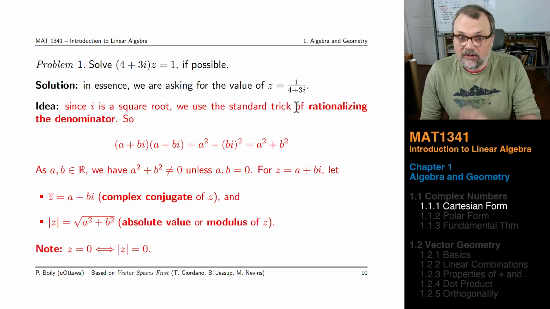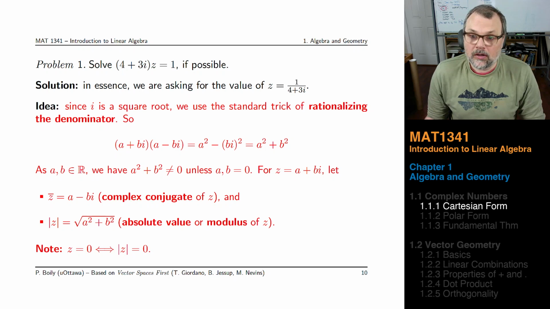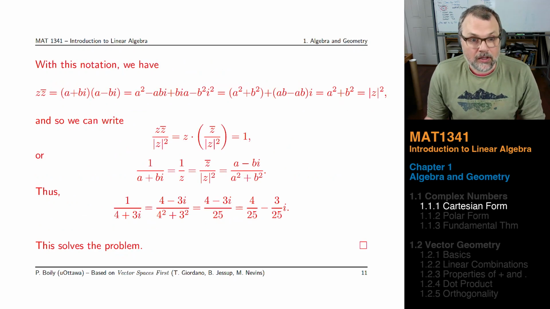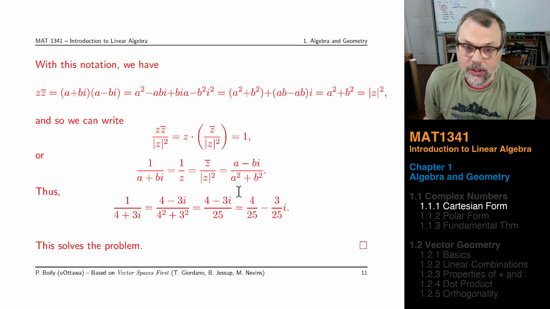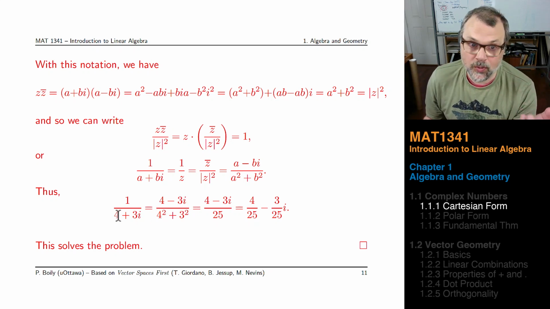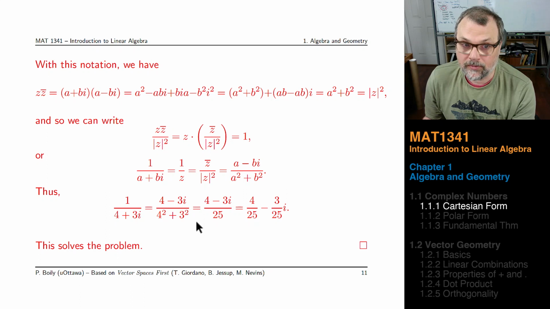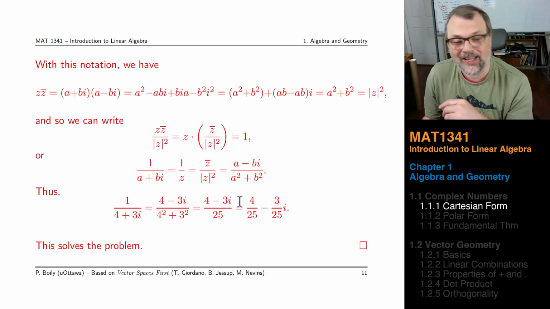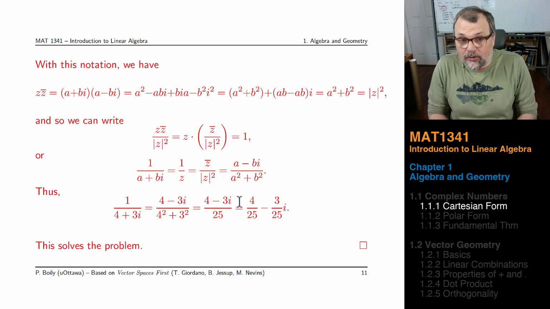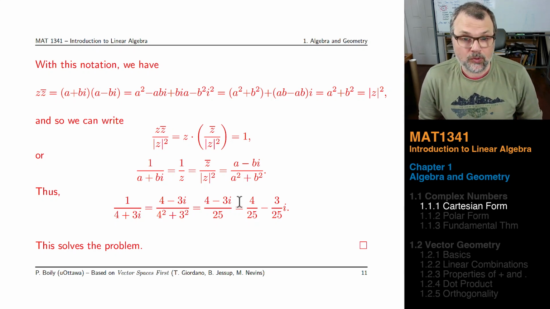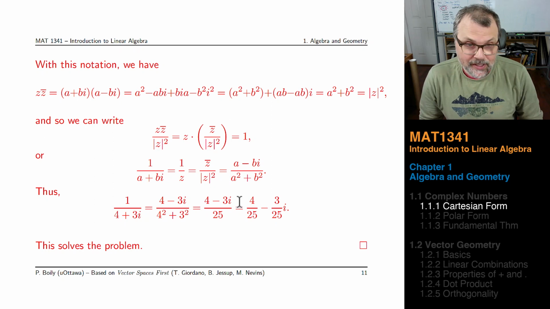Now we're going to replace the value of z by the specific complex number 4 plus 3i. a is equal to 4, b is equal to 3. I just reuse the formula. So that gives you 4 minus 3i divided by the real part squared plus the imaginary part squared. So 4 squared plus 3 squared. So 4 minus 3i divided by 25, which you can simplify further as 4 over 25 minus 3 over 25 times i.